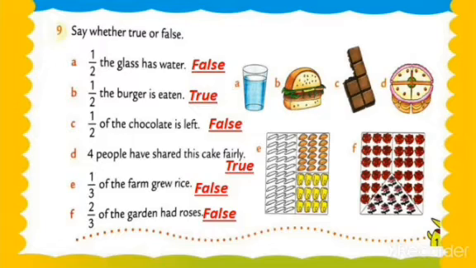Question number 8: choose a fraction to show about how much each one holds. And question number 9: say whether true or false. We have done both of these questions now, and also exercise number 7a is done. Understood? I hope you all understood, my dear students.